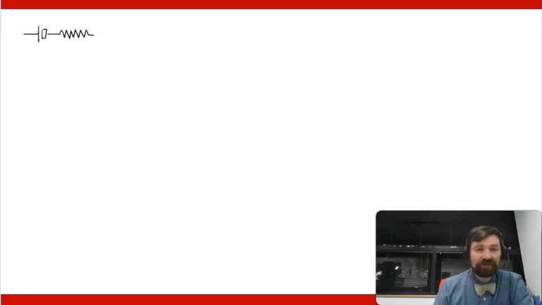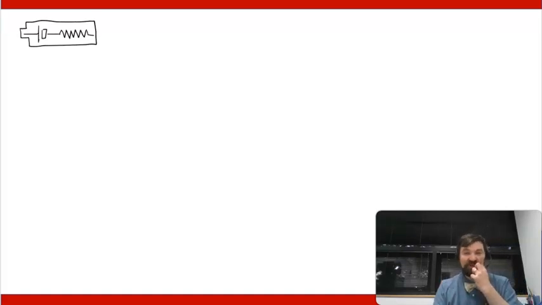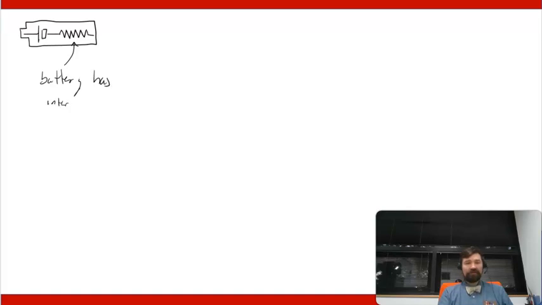So this right here might be the full battery. You could mentally draw an outline of a simple double A or triple A battery here. There's some internal resistance to the battery. So battery has internal resistance.